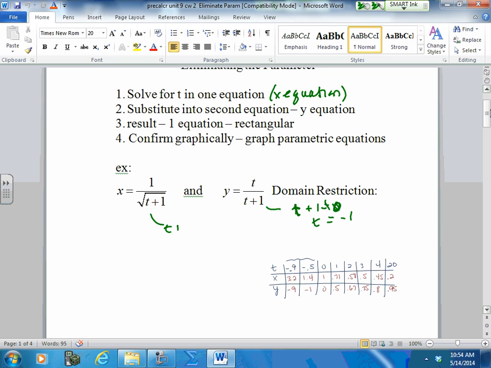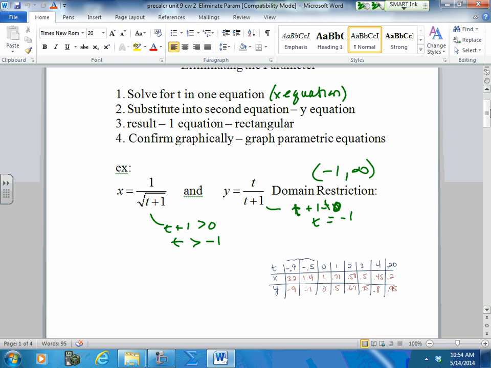This radical normally has to be greater than or equal to 0, but because we're in the denominator, it has to be greater than 0. So t has to be greater than -1. So therefore, I can't use -1. My domain restriction says from -1 to infinity you can use. You can't use anything less, because we're going to have a problem with our domain restrictions. Okay? Combine them. See which ones that you need to use.